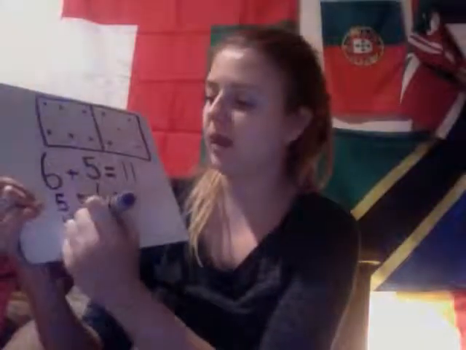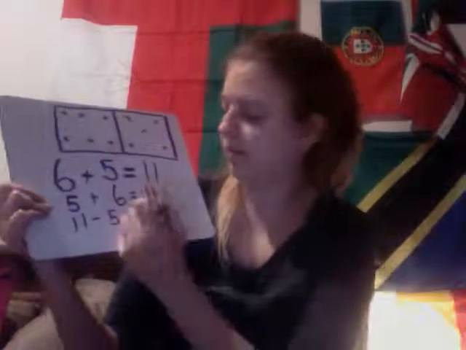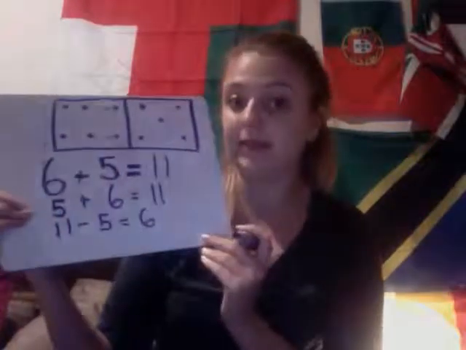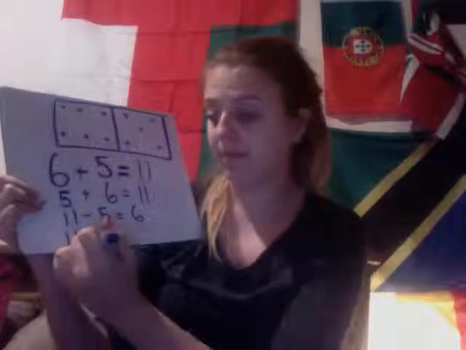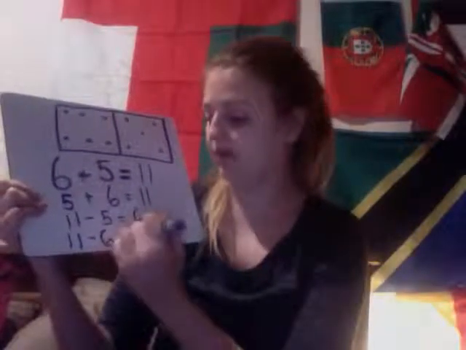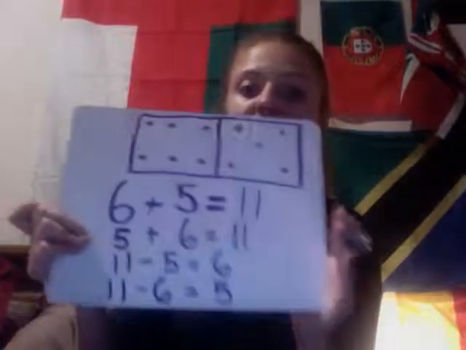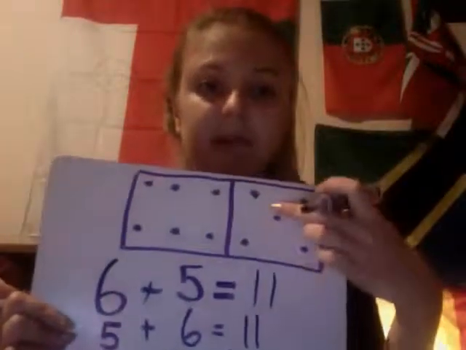So we're going to start with 11. 11 minus 5 equals 6. Okay, and 11 minus 6 equals 5.